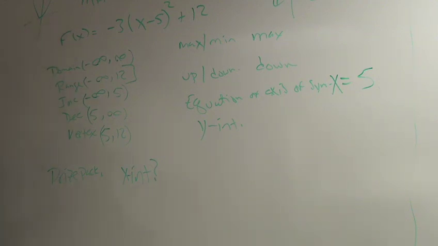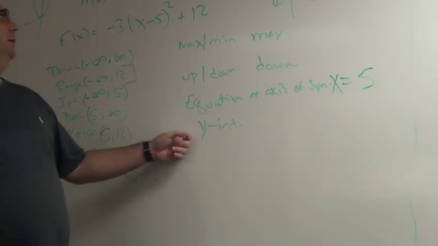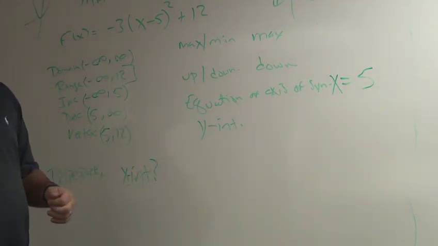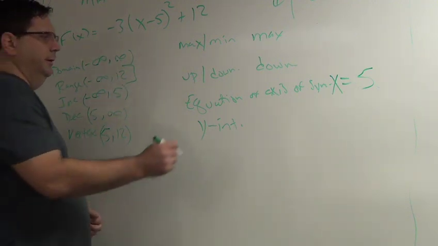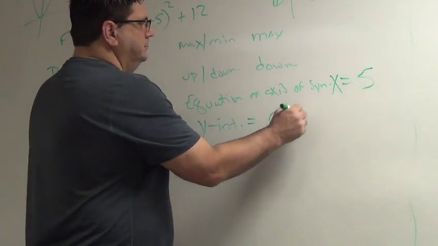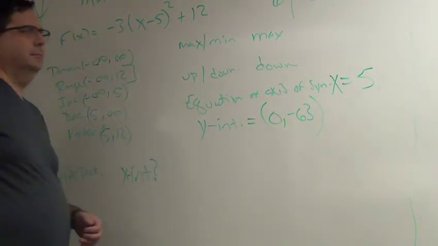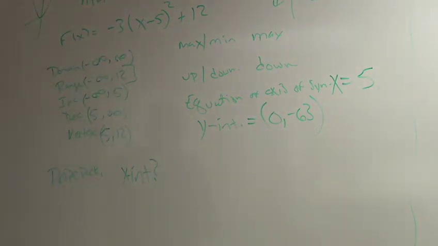And by the way, "y-axis" is not an acceptable equation of the axis of symmetry either. It's x equals 0. That's the equation. What's the y-intercept? Negative 63. All right, (0, -63).